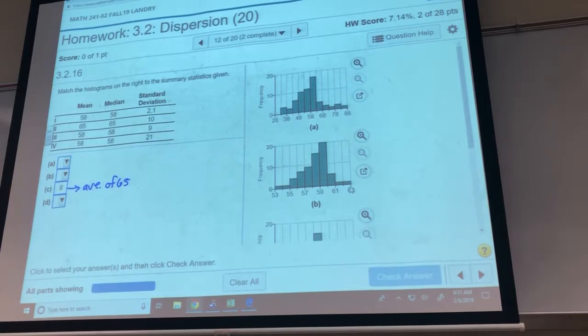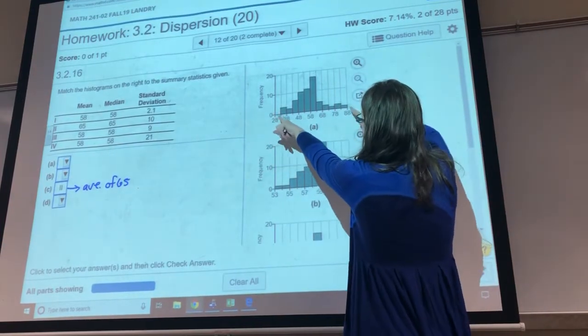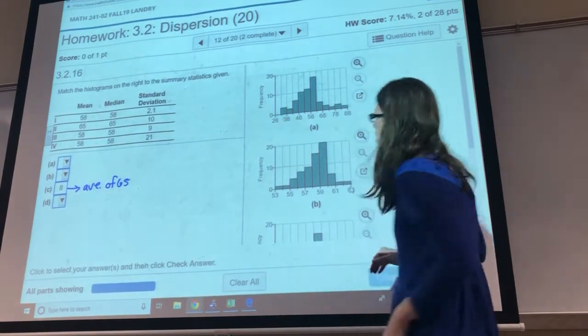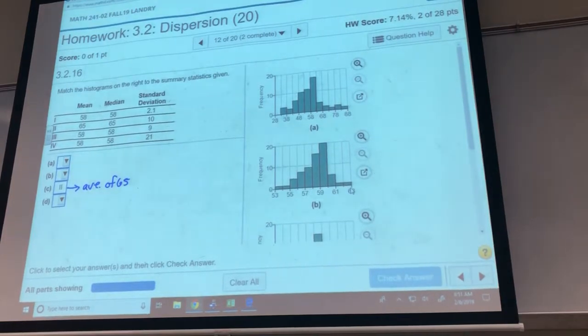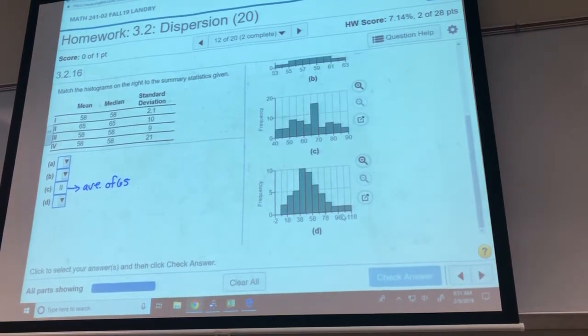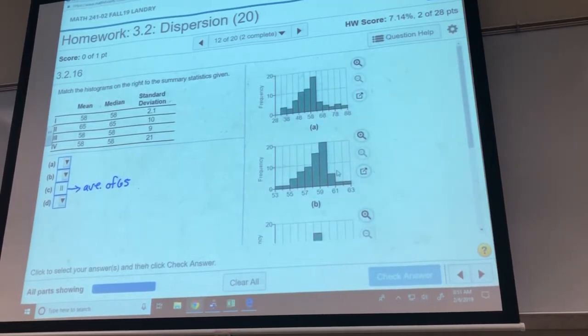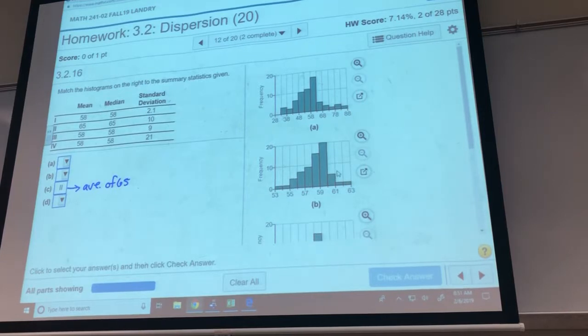It's only in between these 10 numbers, whereas this one, the range is from 18 to 88. That's a range of 70. And then the last one has an even larger range, I think. 8 to 118, it's a range of 110. So this one here has the smallest range, so it's going to have the smallest standard deviation as well.